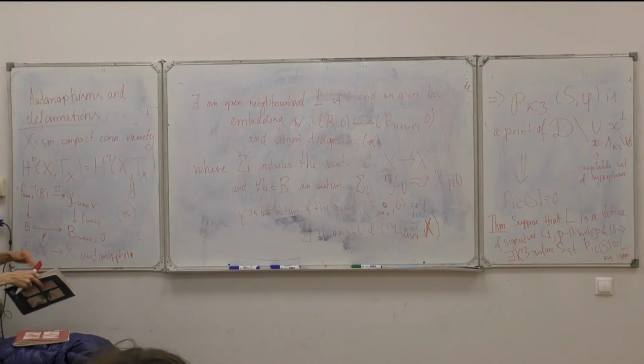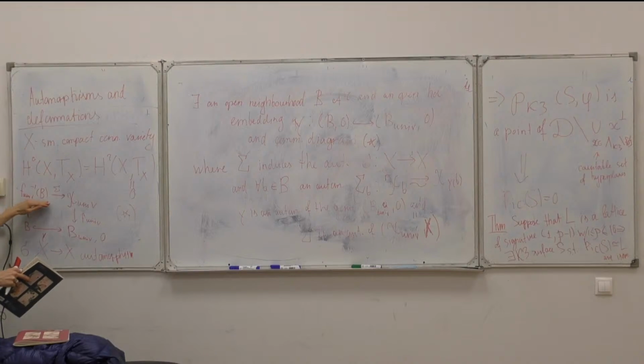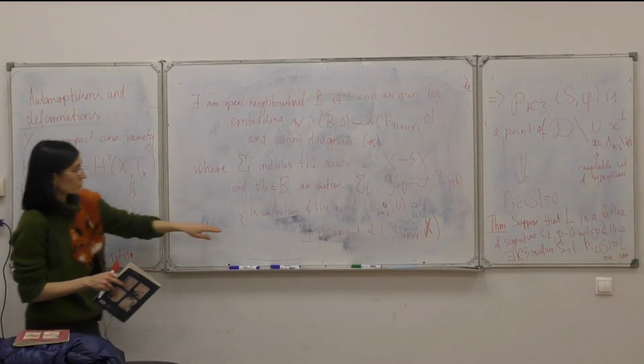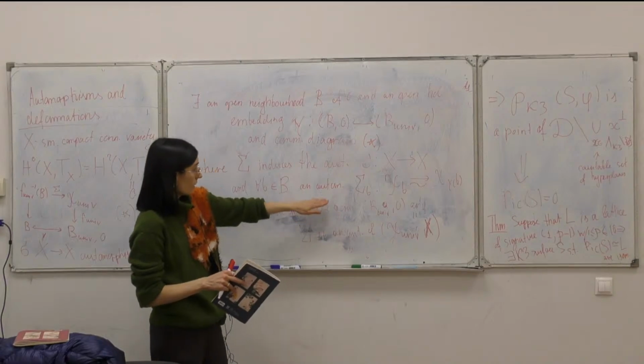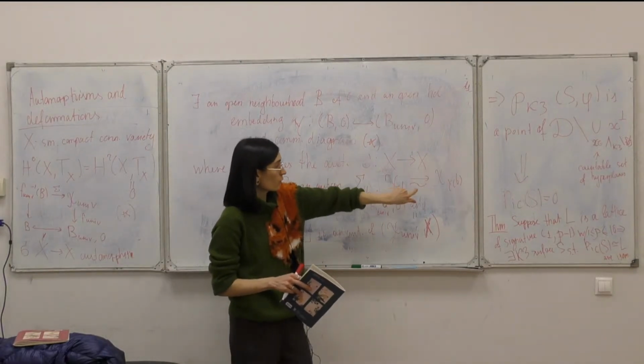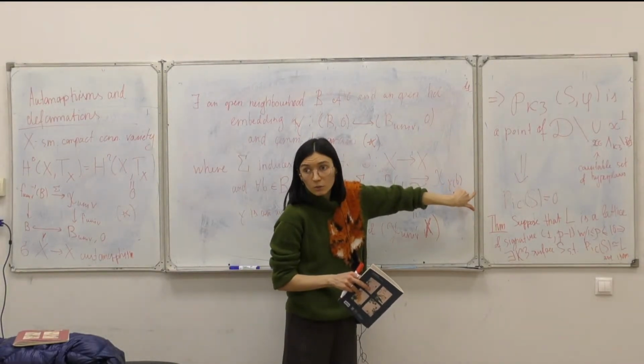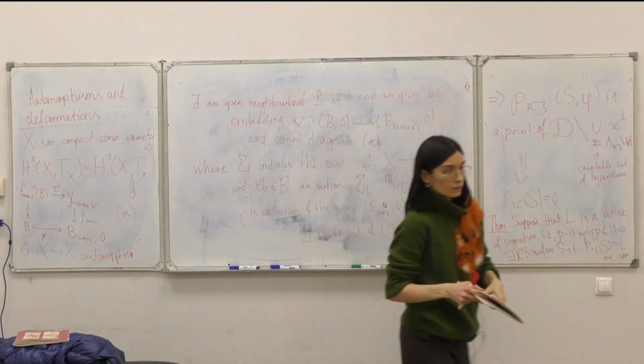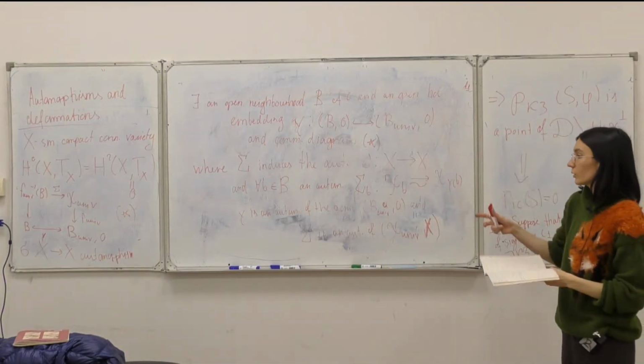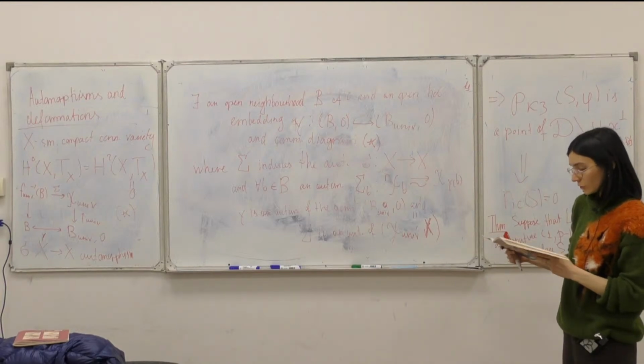So there exists an open embedding and an automorphism sigma such that sigma induces our fixed automorphism on the central fiber, and such that it induces automorphisms of all nearby fibers. And this is always true when we have a universal deformation.